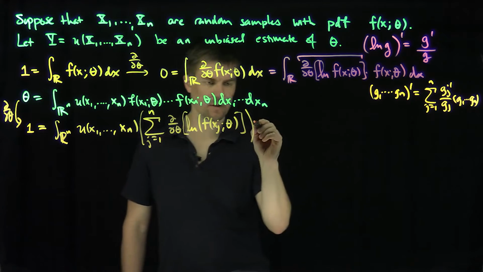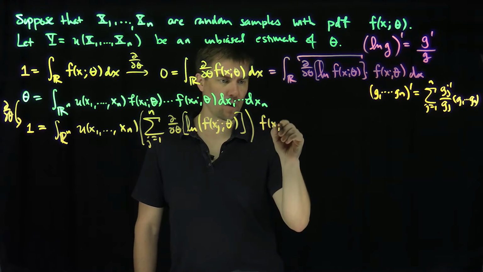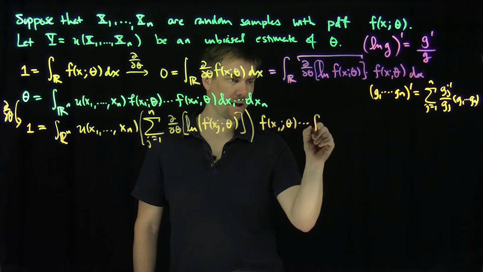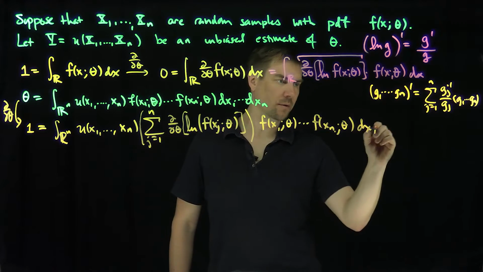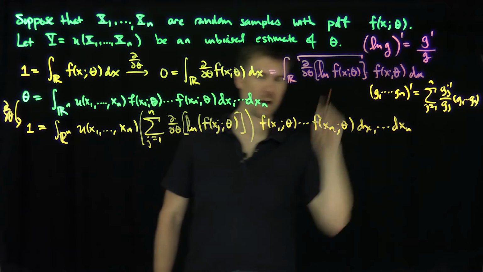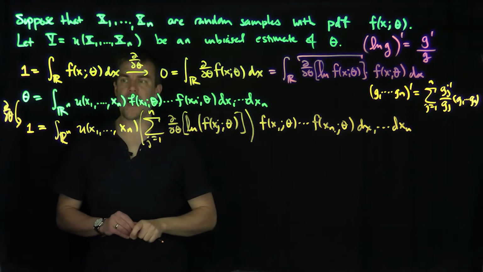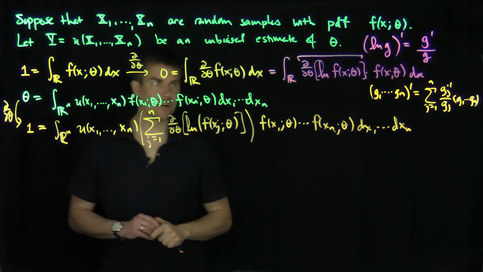And then that logarithmic derivative times f of x1 theta, ..., f of xn theta, dx1 through dxn. Okay, great.